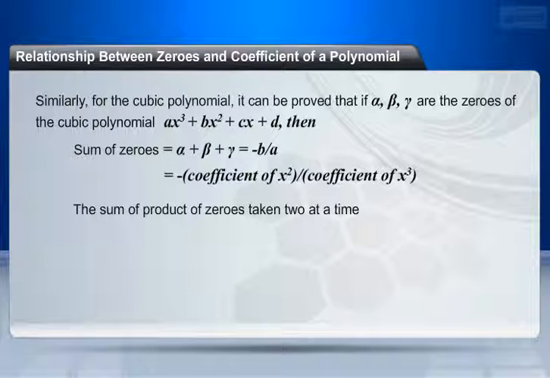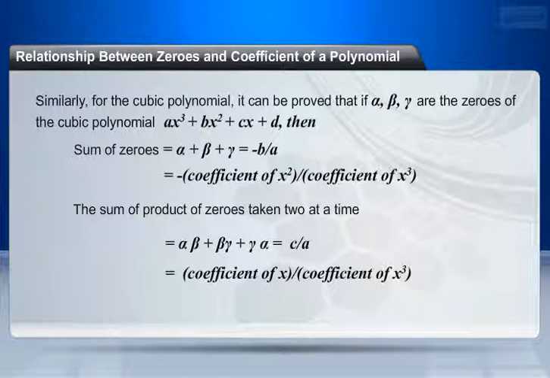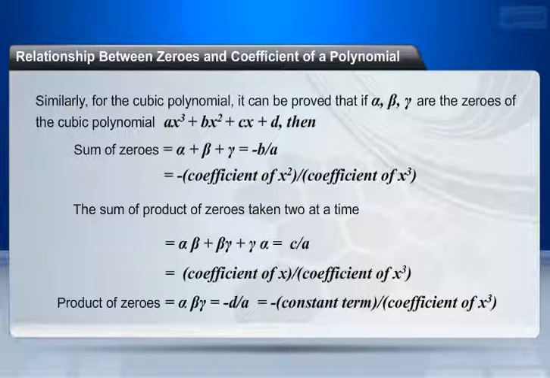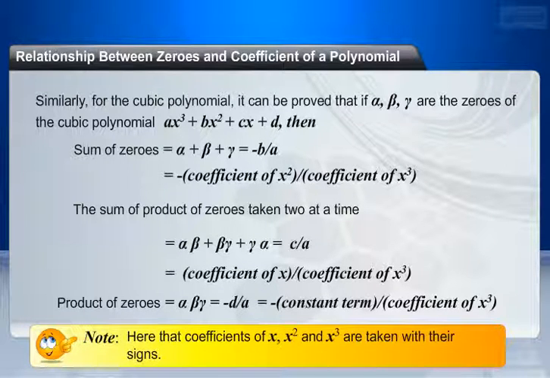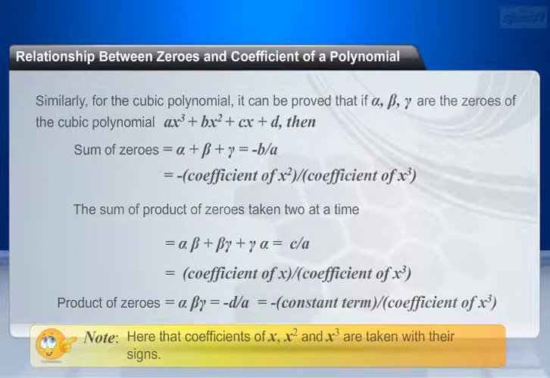The sum of product of zeros taken two at a time, alpha beta plus beta gamma plus gamma alpha, is equal to c by a, is equal to coefficient of x by coefficient of x cube. Product of zeros, alpha beta gamma, is equal to minus d by a, is equal to minus constant term by coefficient of x cube. Note here that coefficients of x, x square and x cube are taken with their signs.